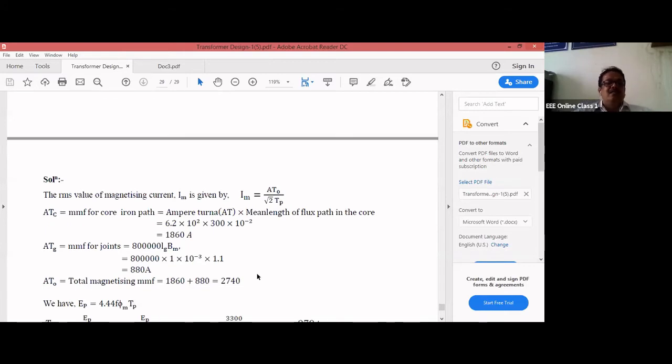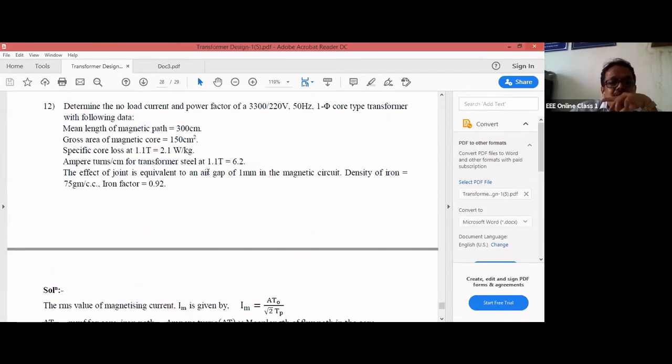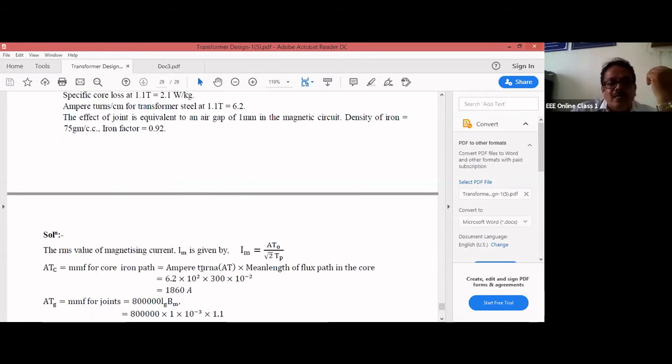First we calculate ATC. ATC is the MMF of the core iron path, which is ampere turns into mean length of flux path. The ampere turns is given as 6.2 per centimeter. Per centimeter means 10 power minus 2 in the denominator, which you take to the numerator, so 10 power 2 when converting into meter.